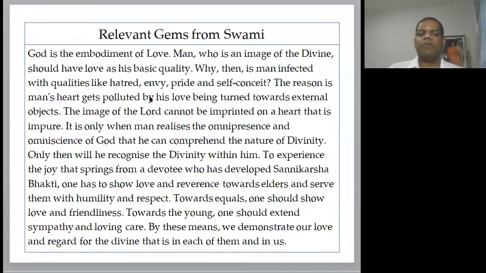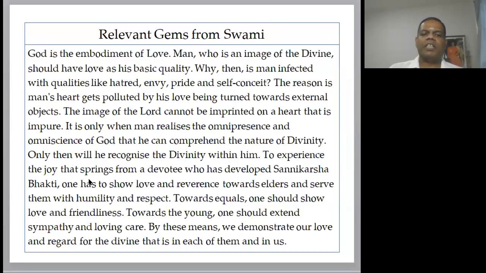Man, who is an image of the divine, should have love as his basic quality. Why then is man infected with qualities like hatred, envy, pride, and self-conceit? The reason is that man's heart gets polluted by his love being turned towards external objects. The image of the Lord cannot be imprinted on a heart that is impure. It is only when man realizes the omnipresence and omniscience of God that he can comprehend the nature of divinity. Only then will he recognize the divinity within him.